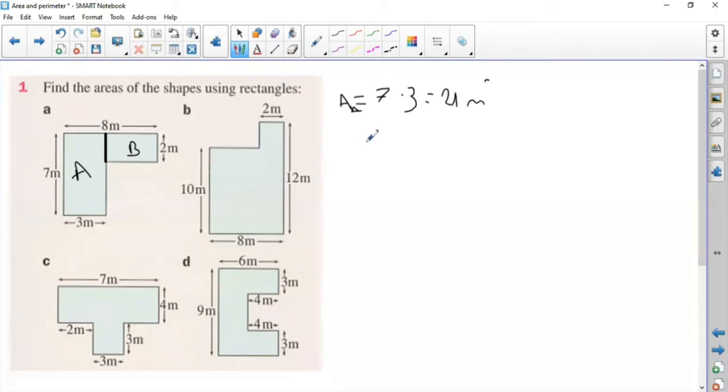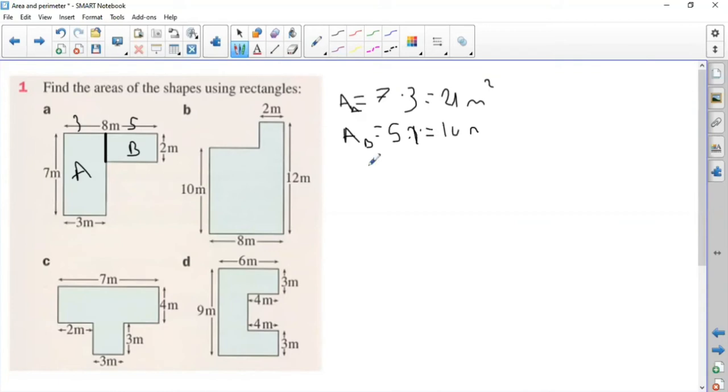Okay, the area of B now. Since this one is 3, it means this part is 3. What is the remaining one? 5. Great. So what is the area of B? 5 times 2 is equal to 10 meters squared.